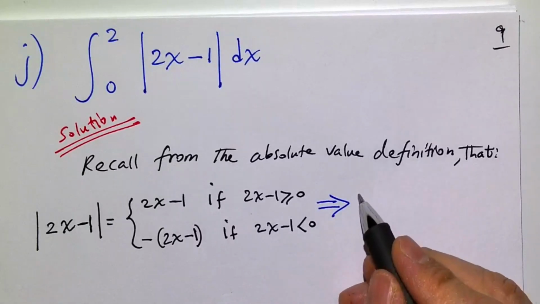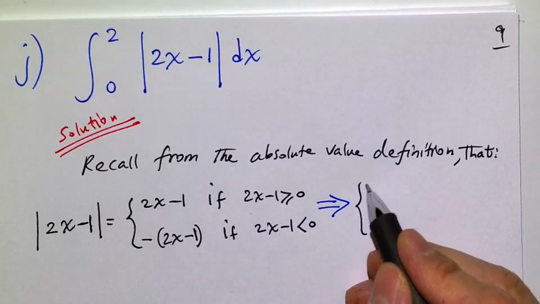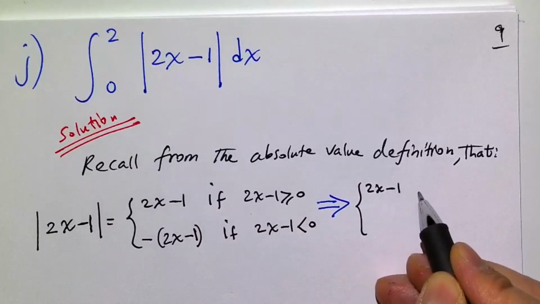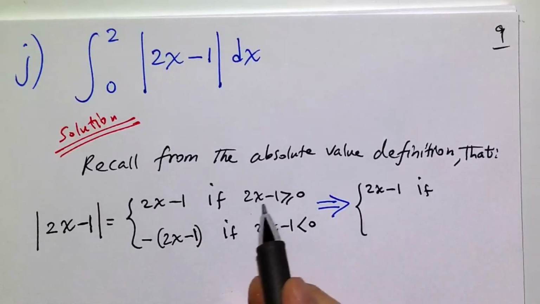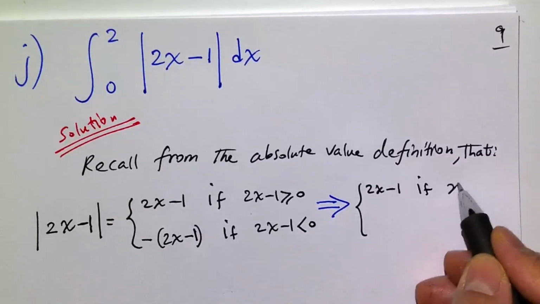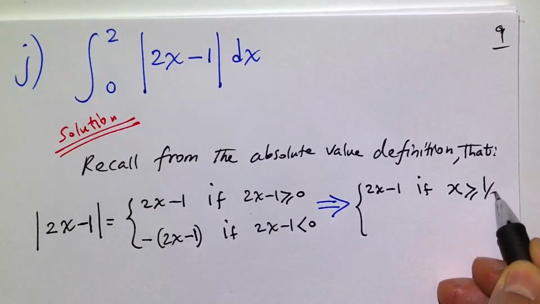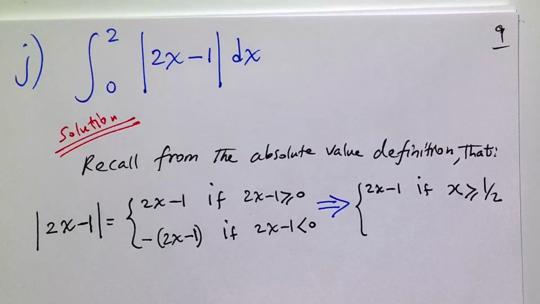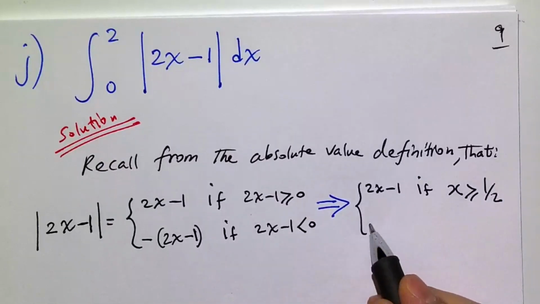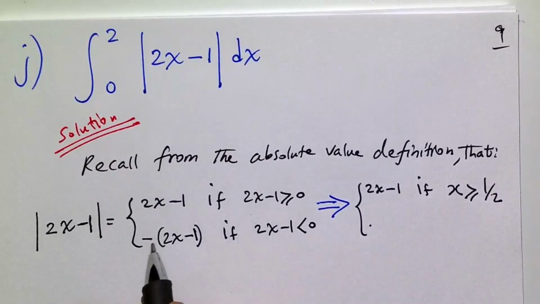What we get is 2x minus 1 if, solving this inequality for x, we get x greater than or equal to 1/2. And then minus, let's distribute this minus.